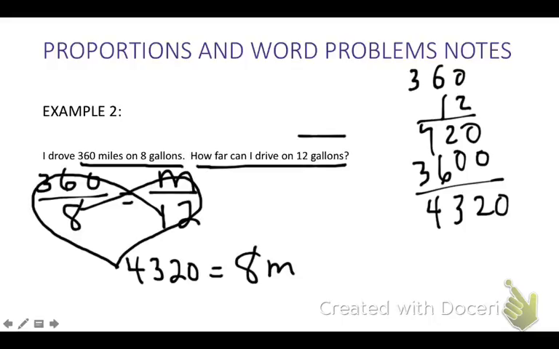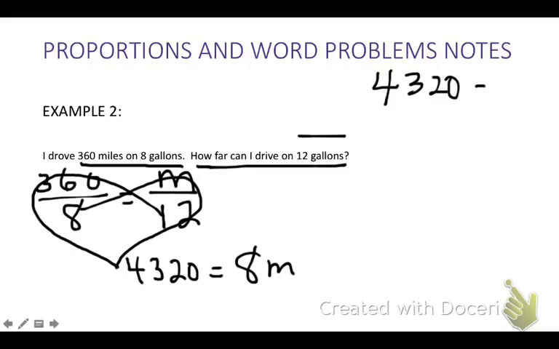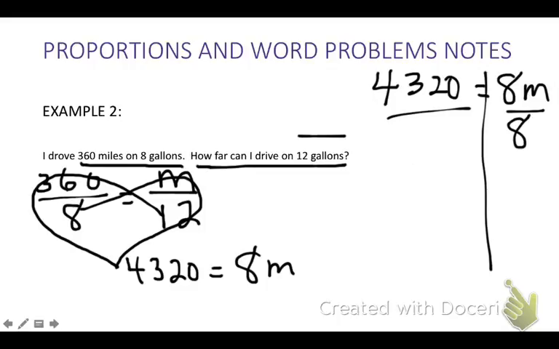And I'm going to take time here to erase all that work because I need a place to work here. So let's take 4,320 equals 8M. Divide both sides by 8. And I hope this comes out, kids. Let's see.